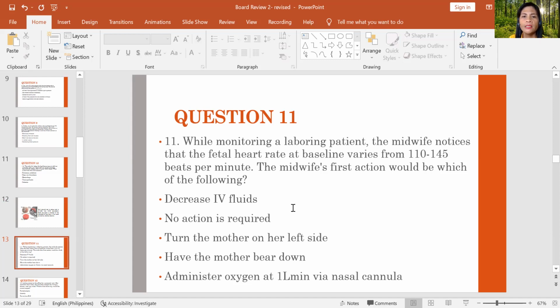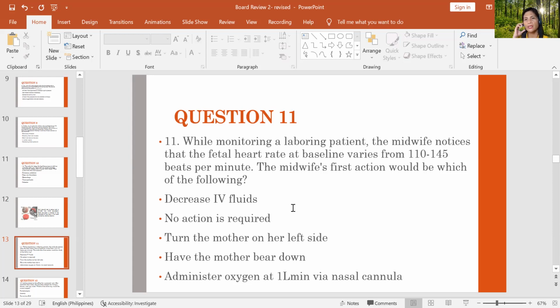So note that this is still in the normal range for fetal heart rate for a laboring patient, about 30 beats per minute. Okay? And that the low end of the spectrum is slightly more concerning. So we have to position the mother into the left side position, di ba?